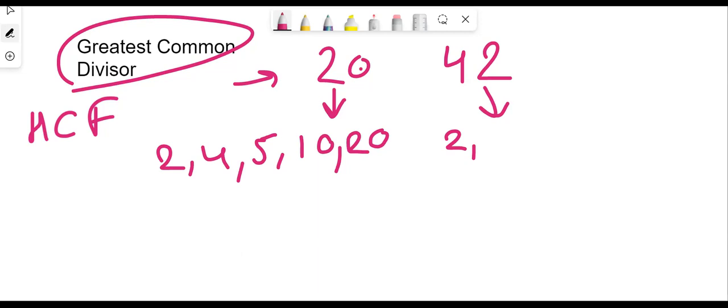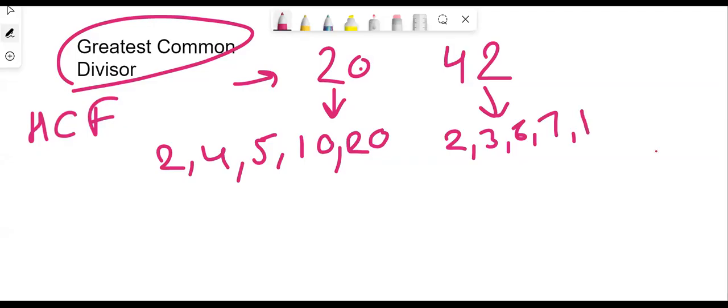Okay, so 2, 3, 6, 7, not 8, not 9, 10, 11, 12, no, 13 will not be a divisor. So 14, and 21 and 42. These are the factors.